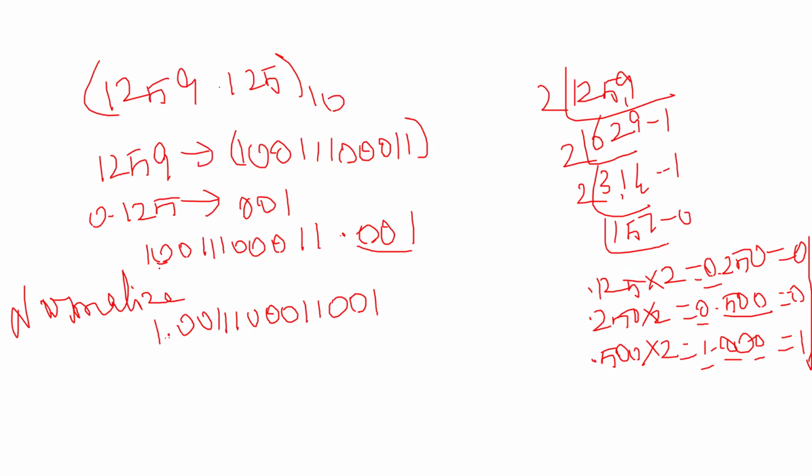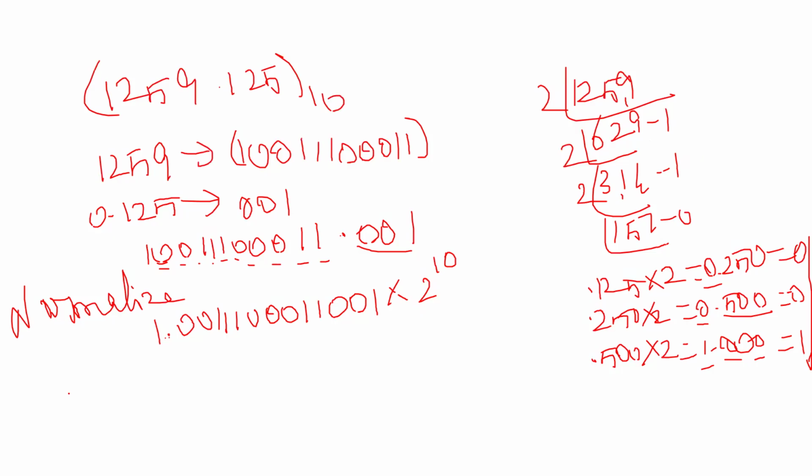How many places? 1, 2, 3, 4, 5, 6, 7, 8, 9, 10. So into 2 power 10. Now we have the mantissa into base power exponent format, m into b power e.